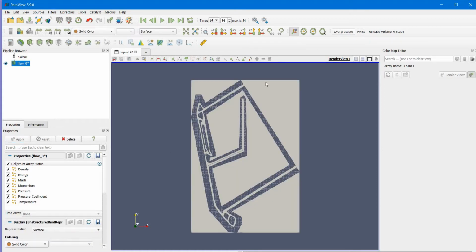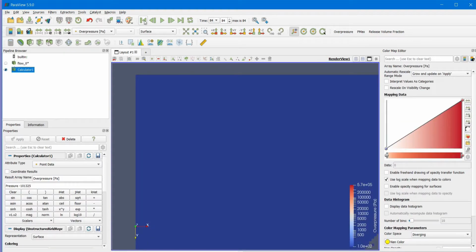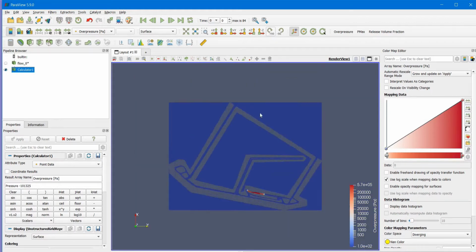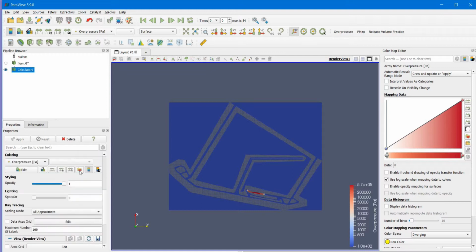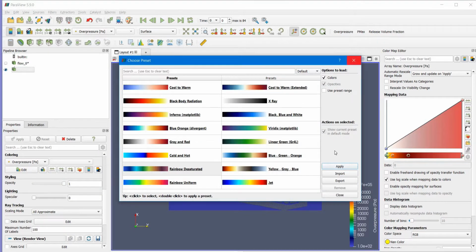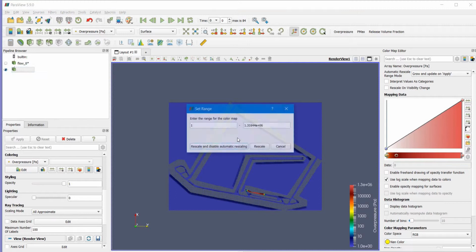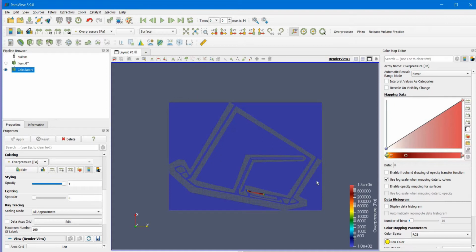Hopefully we'll pull up the overpressure and go back to the initial time step, and so that's what we have. Let's change the scale. You could go from like 100 pascals.